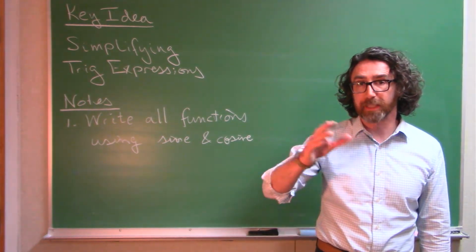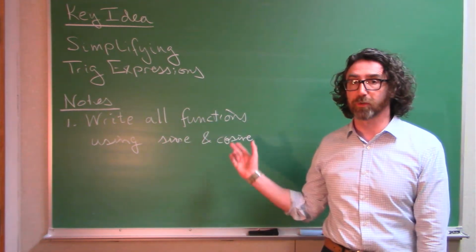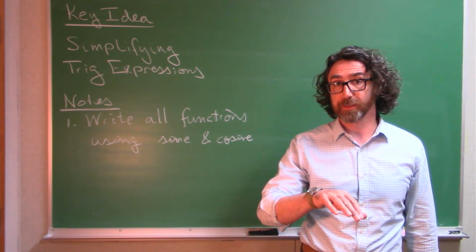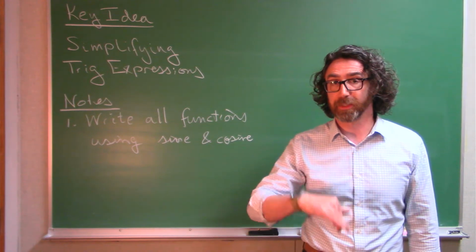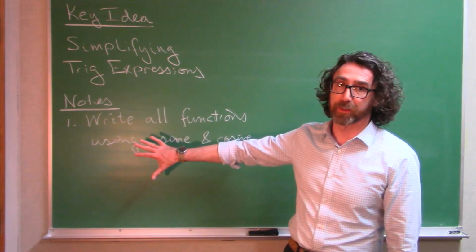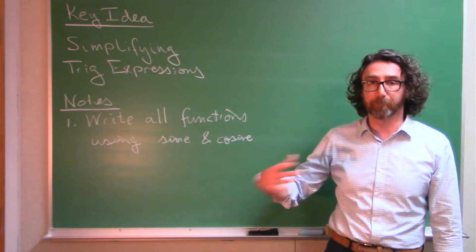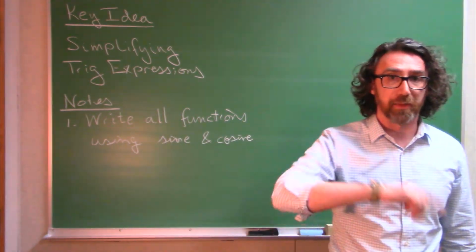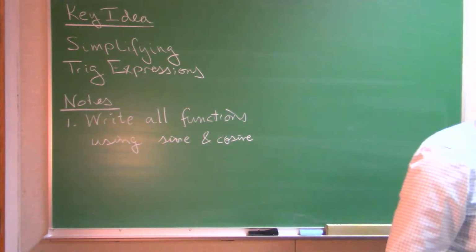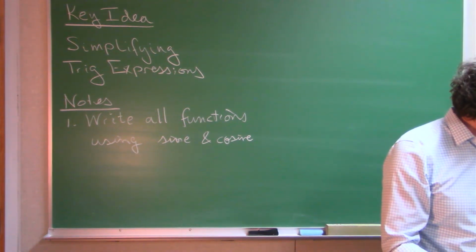So secant and cosecant can be expressed in terms of sine and cosine. You'll look at the ratio identities, so tangent can be expressed in terms of sine and cosine. So if you're looking to simplify a trig expression, write everything in terms of sine and cosine, and then start doing algebra, try to cancel, etc. Let's look at a couple of examples. I've got some right here.